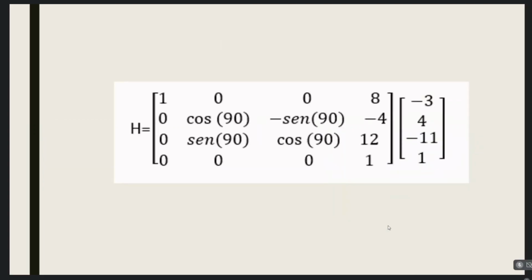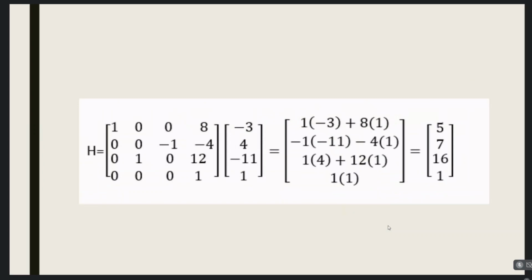When we have a homogeneous matrix, we do a multiplication by the point to be located. We do the matrix multiplication and obtain the coordinates where the point is located, which would be 5, 7, and 16.